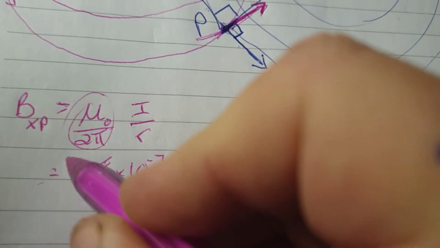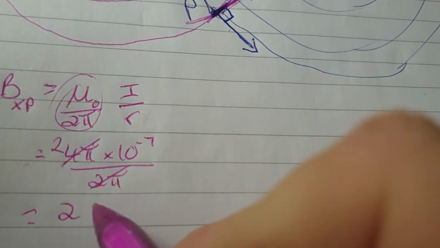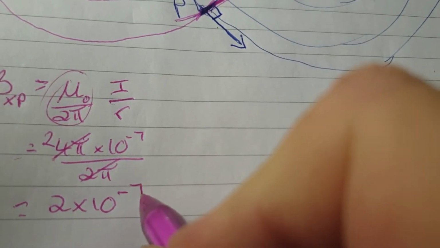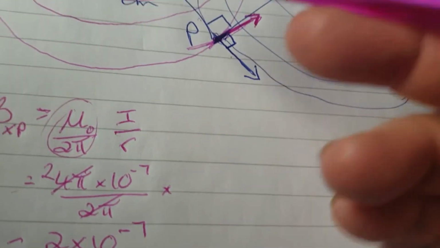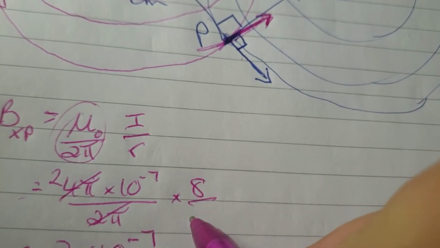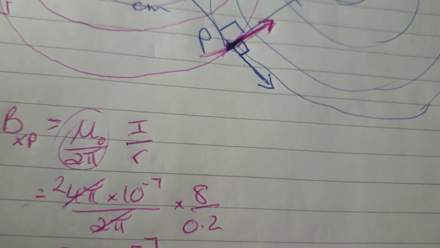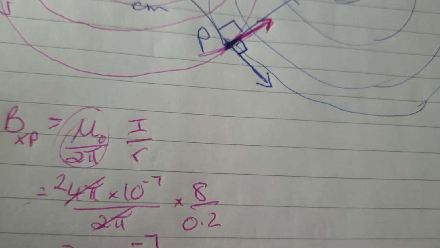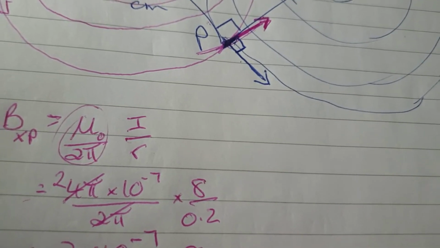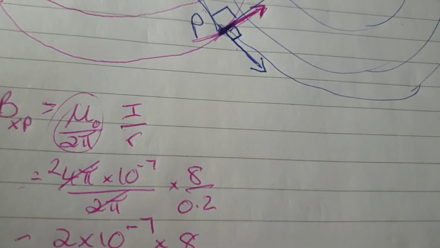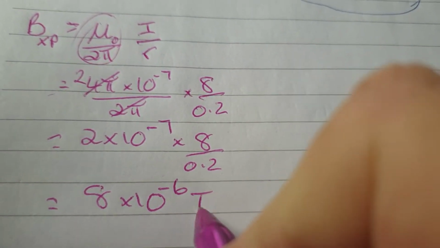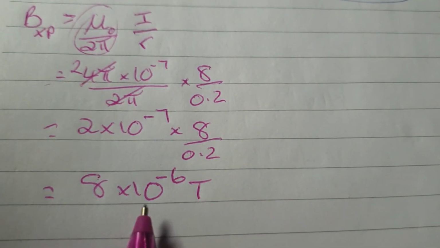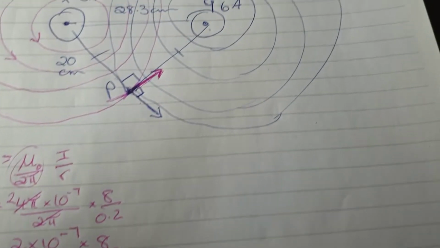Why would you never just write it as 2 by 10 to the negative 7? Times I for X, which was 8, and the radius is 0.2 because we've got to work in meters. We end up with 8 by 10 to the negative 6 Teslas, because it's magnetic field.